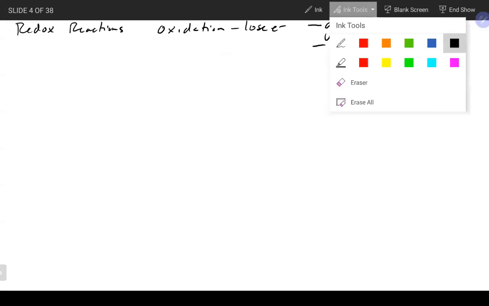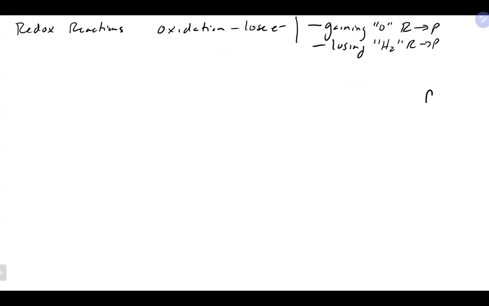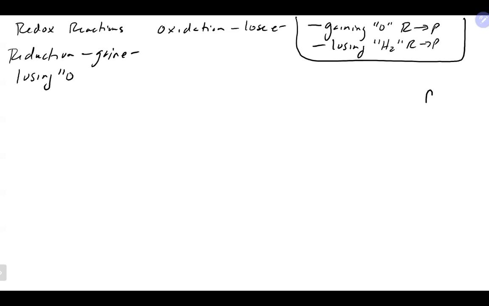And really in organic chemistry, we do focus in on these two definitions. While reduction means obviously gaining electrons, the losing of oxygen as you go from reactants to products or the gaining of H2 as you go from reactants to products.